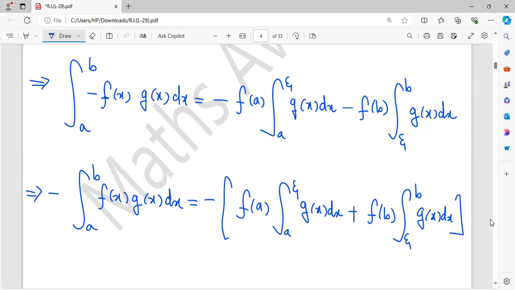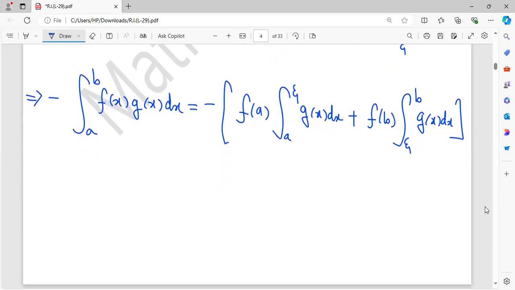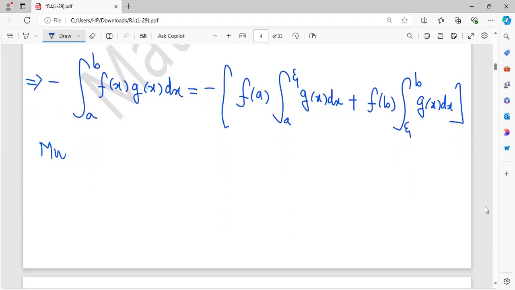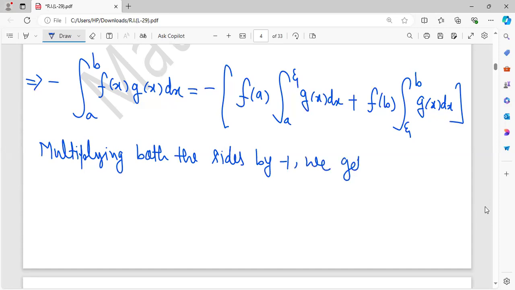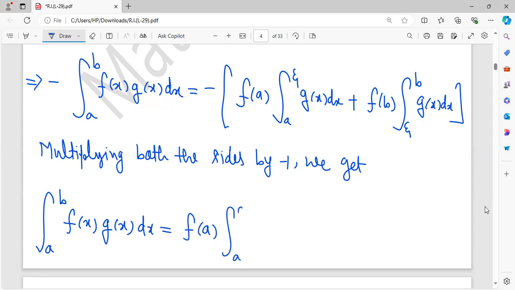Now multiplying both the sides by −1, we get integral a to b f(x) g(x) dx is equal to f(a) integral a to ξ g(x) dx plus f(b) integral ξ to b g(x) dx.